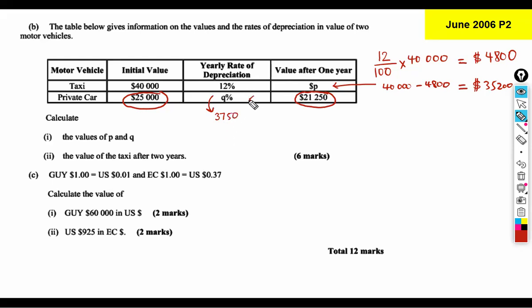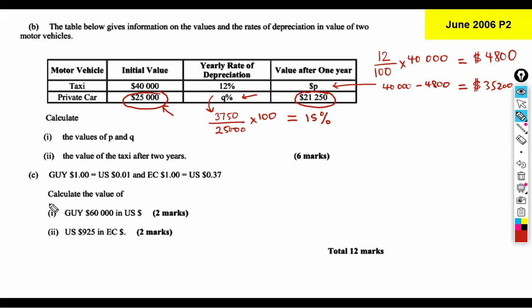But the Q is a percentage. So if you want to convert it to a percentage, you have to divide it by the original value, not the final value, and then you multiply it by 100. And I got 15%. So Q is 15%. A lot of people had that, right?